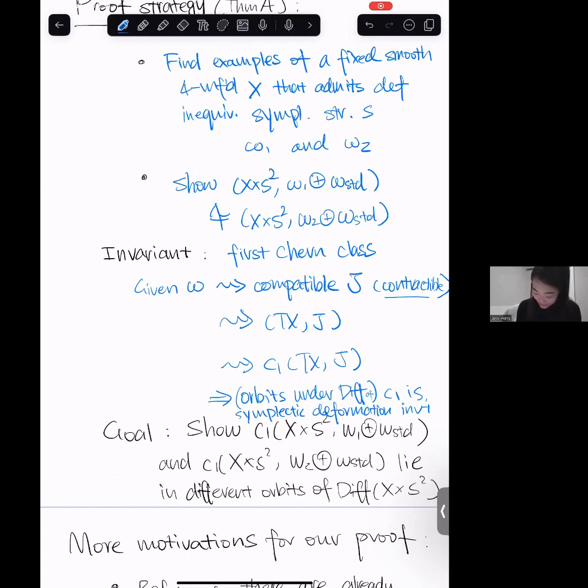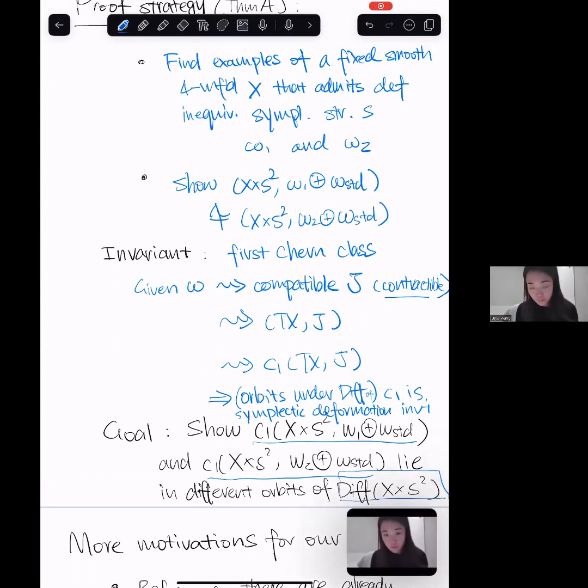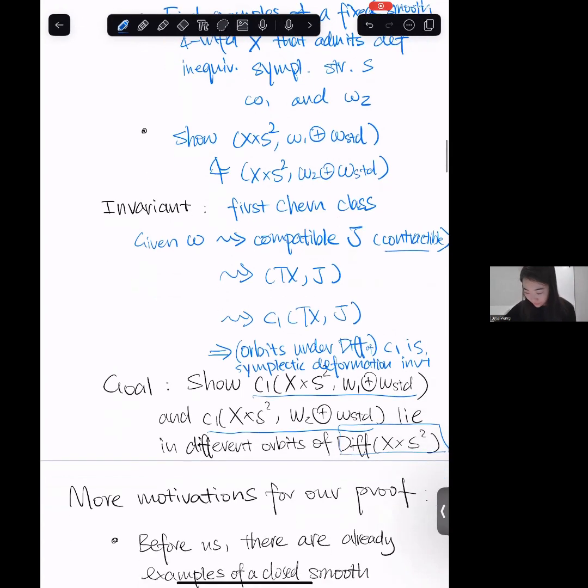Okay, so now the goal is to show that, for us at least, it will be sufficient if we can show that c1s lie in different orbits of Diff of X cross S2.